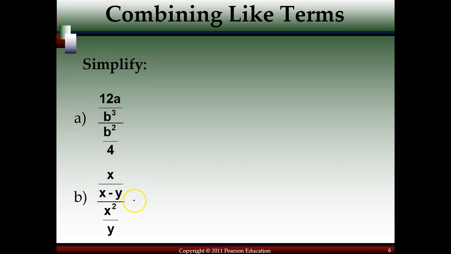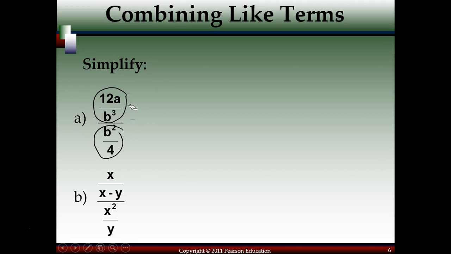So we go to the second step. We multiply this numerator by the reciprocal of this denominator, because this is acting as our division symbol here.